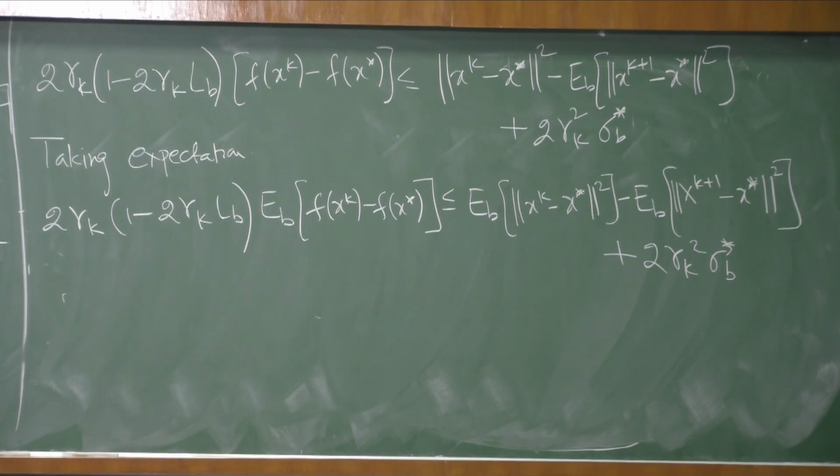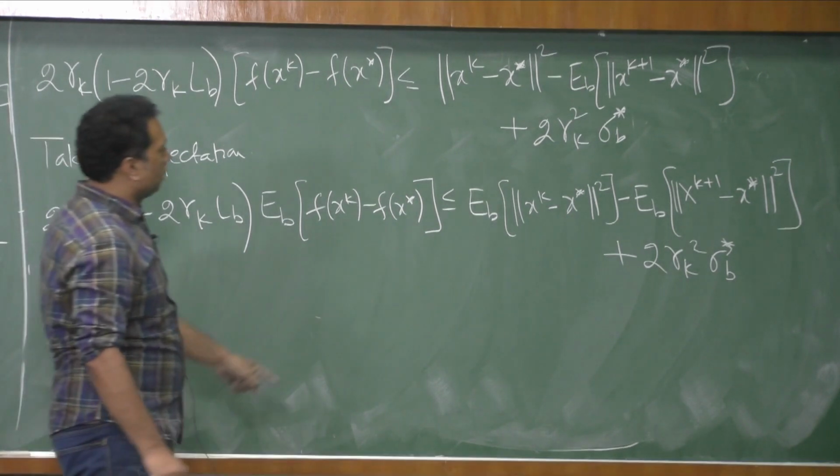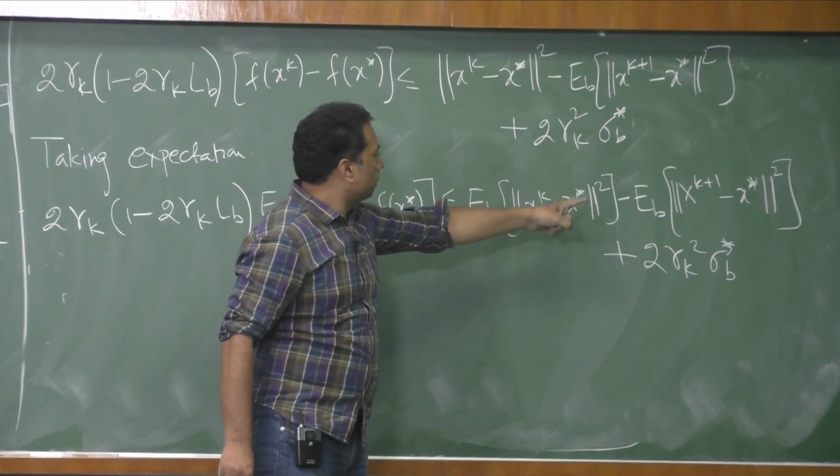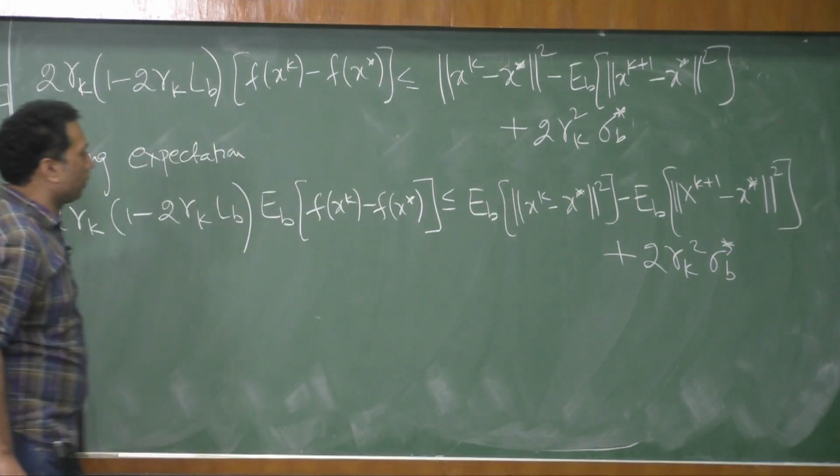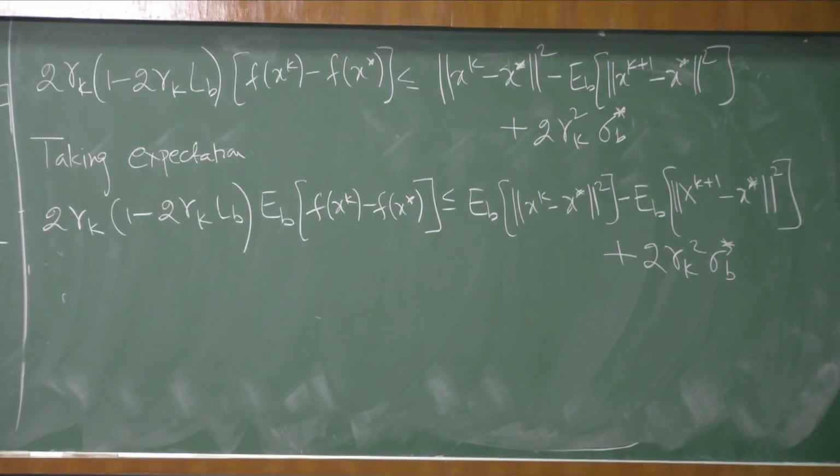We want to go down to x naught, right? And we see some telescopic sum and cancellations going on here. So for instance, you can keep running for the k, so basically you sum over k. There are two things we see.